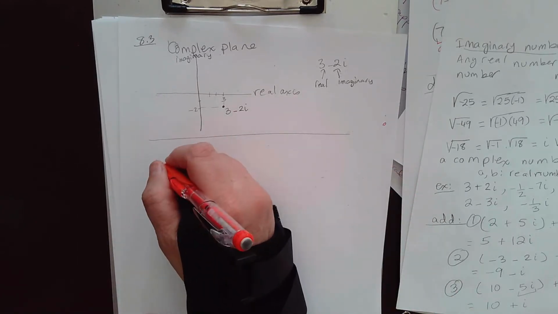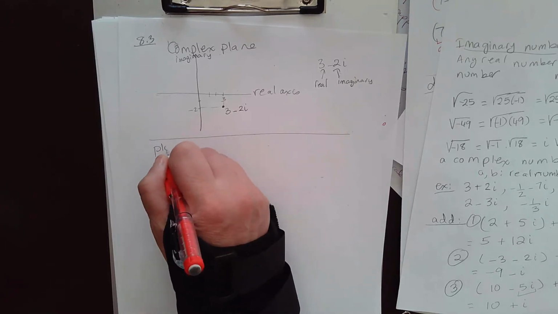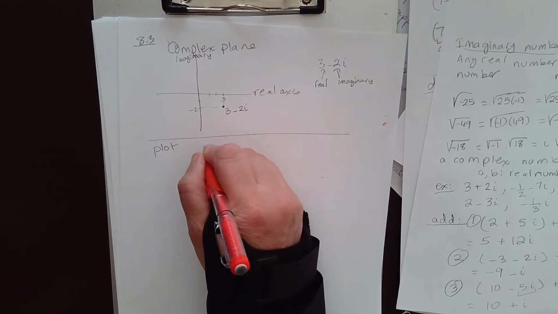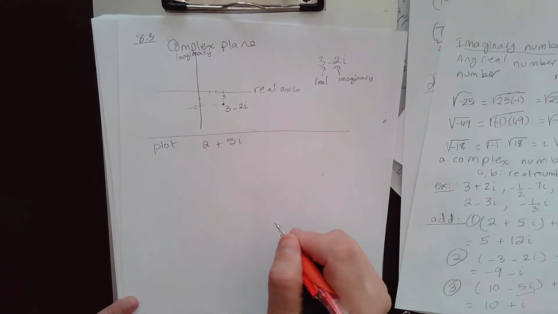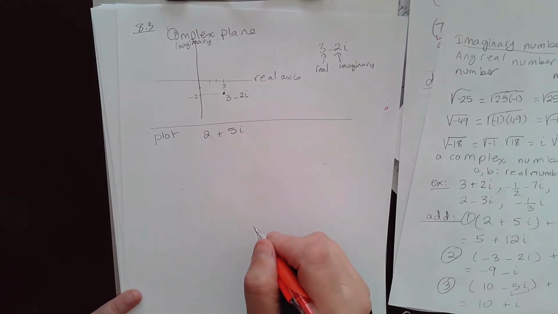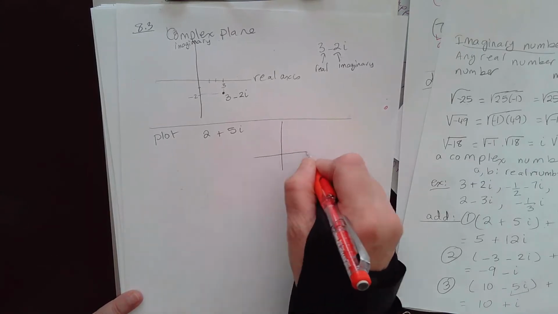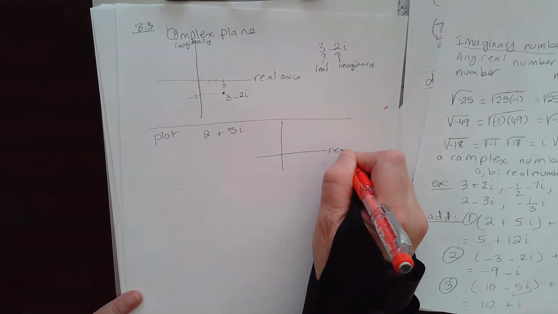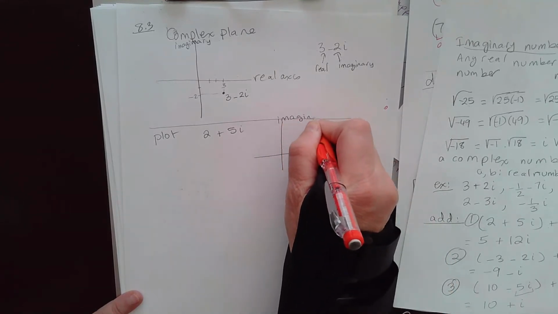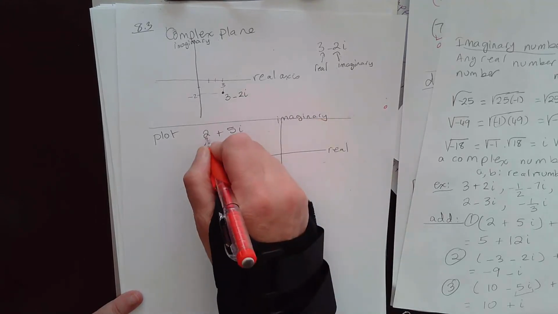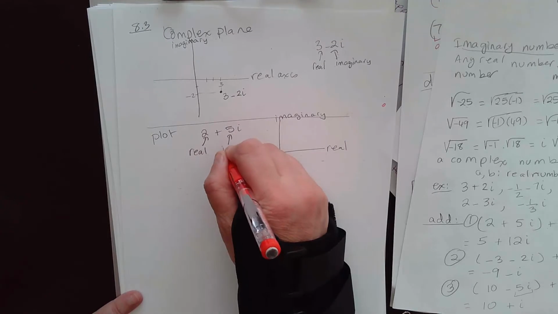Go ahead, I want you to plot this point right here, 2 plus 5i. How would you plot that? So what would you do? Here's the real part and real axis. Here is the imaginary axis. I hope you got this is the real part and this is the imaginary part.